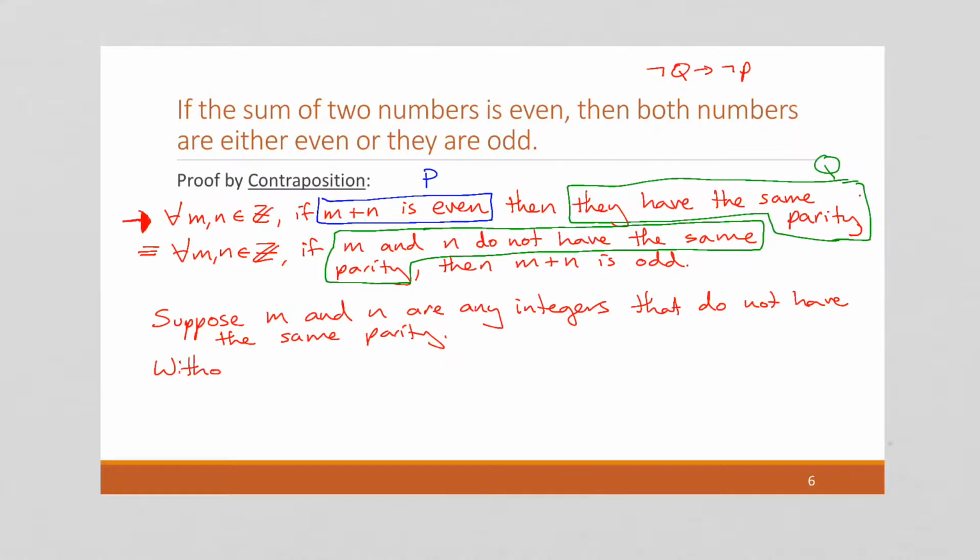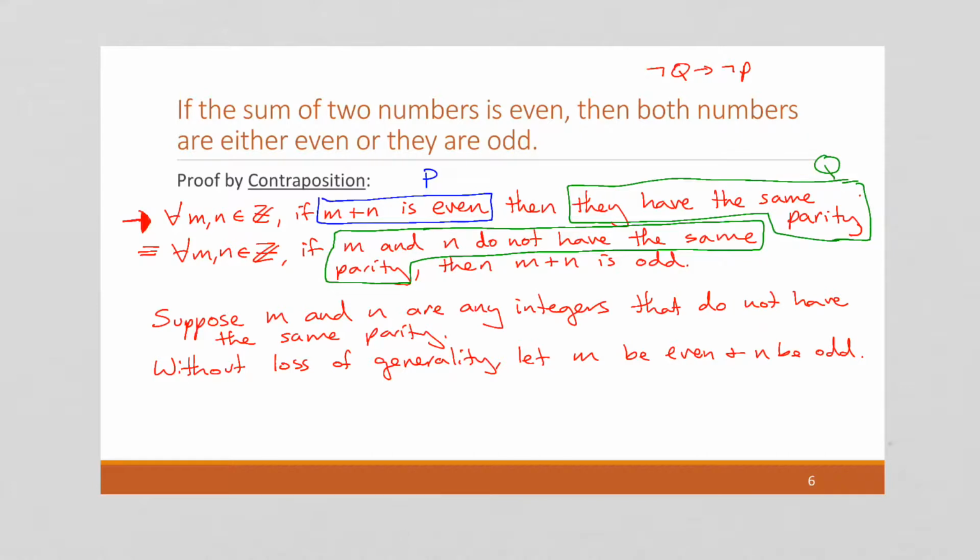Without loss of generality, let m be even and n be odd. Okay. Same reasoning as before.